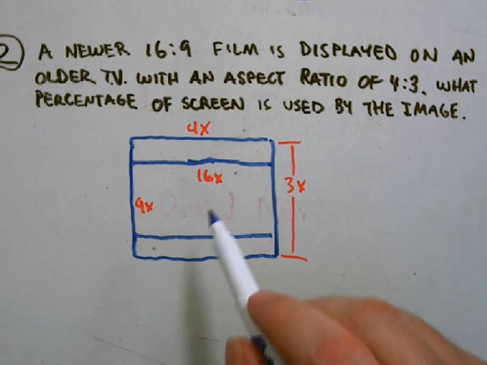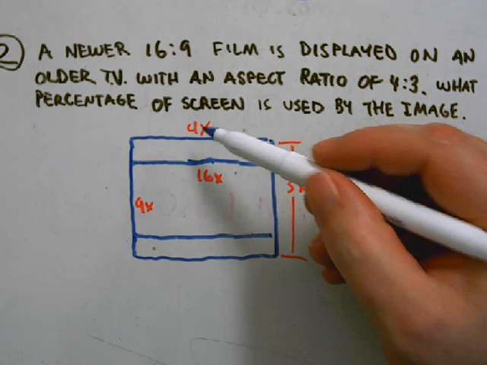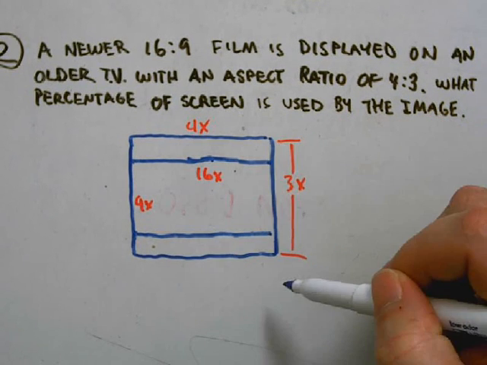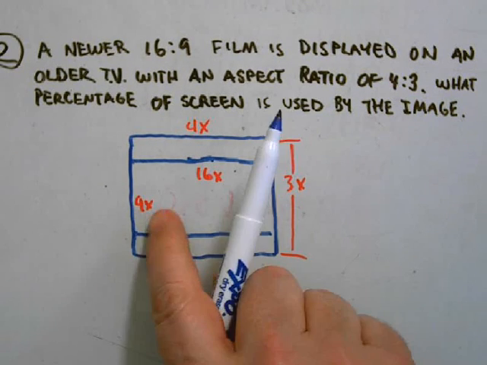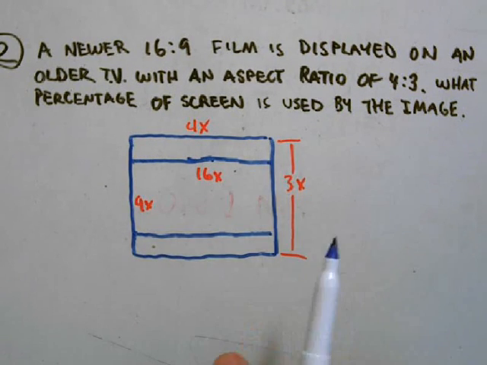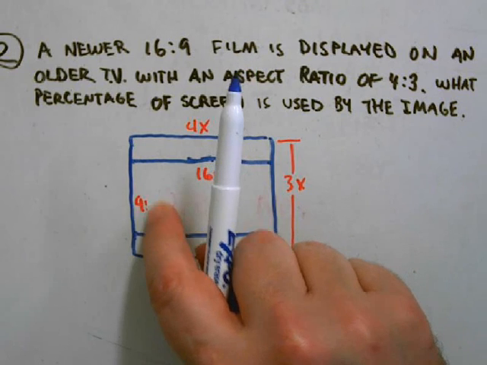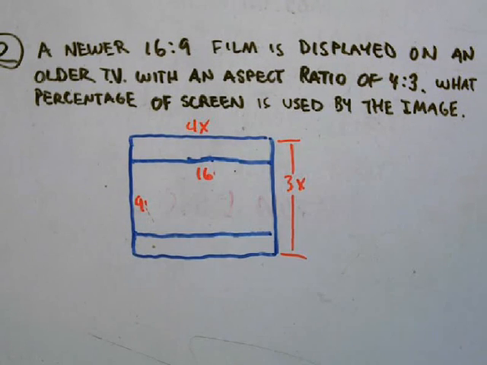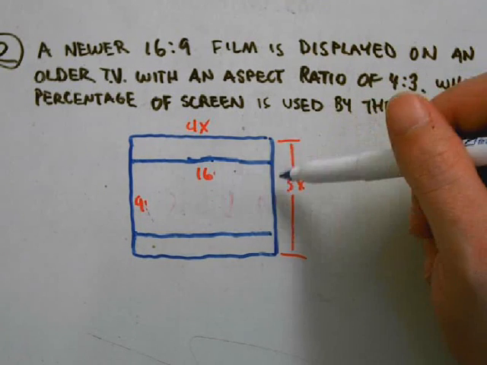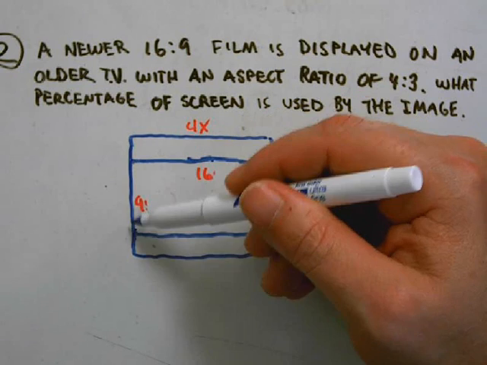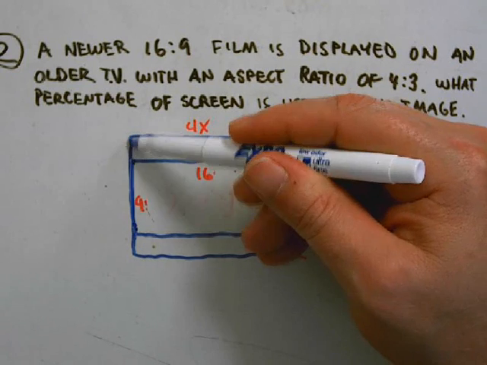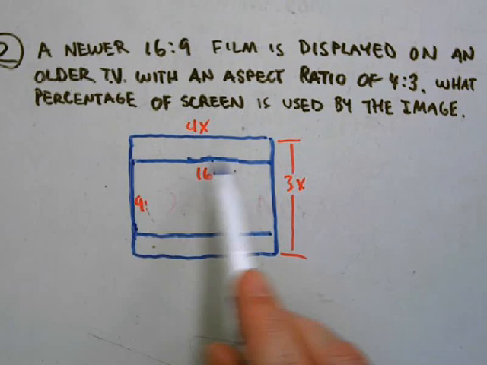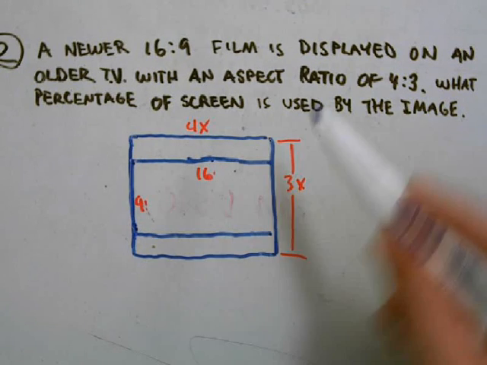Since that goes in evenly, I just make my value of x for the big screen 1. If x equals 1, then this is just a 9 by 16 viewing image. Now, what parts are equal? Are the heights equal? No, we have one height that is much shorter than the other height. But going a long way, these two are exactly the same length. So that means that these two must be equal.